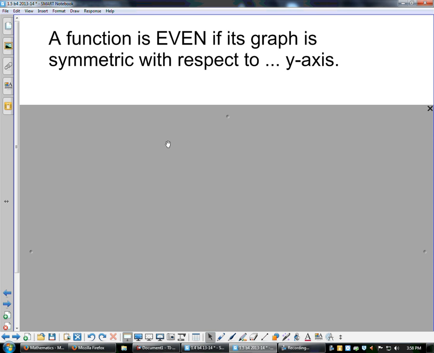Just as an example, if I give you the graph y equals x squared, that graph, as you know, looks like a parabola, bowl shape, vertex at 0, 0, symmetry with respect to the y-axis. So we would say that y equals x squared, or more precisely, since we're talking about functions, f of x equals x squared, is going to be an even function.